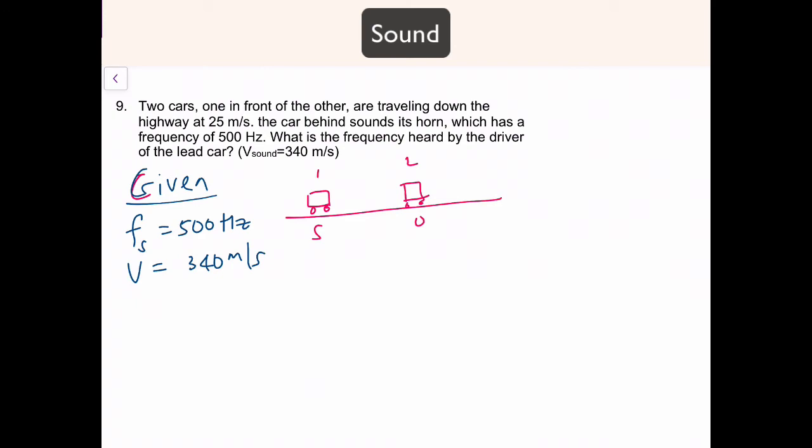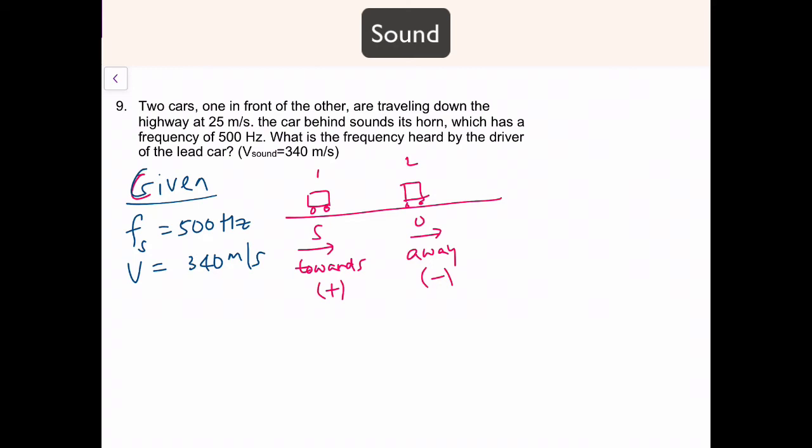If you look at the diagram, the observer is moving away from the source, but the source is moving towards the observer. So in our equation, the velocity of the source is going to be positive, whereas the velocity for the observer is going to be negative, because one is chasing after the other.